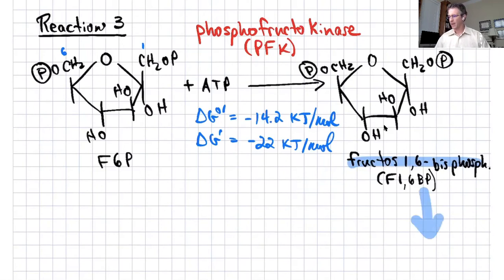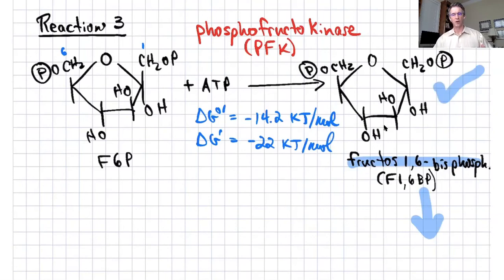It's getting pulled away. In fact, it's worth noting that the PFK reaction is so highly exergonic, and the pathway at this point has expended so much energy. By the time we get to the point of burning 2 ATPs to get to PFK, if the pathway is going to run this far, this sugar is committed. Once the sugar gets turned into fructose 1,6-bisphosphate, it's more or less committed.